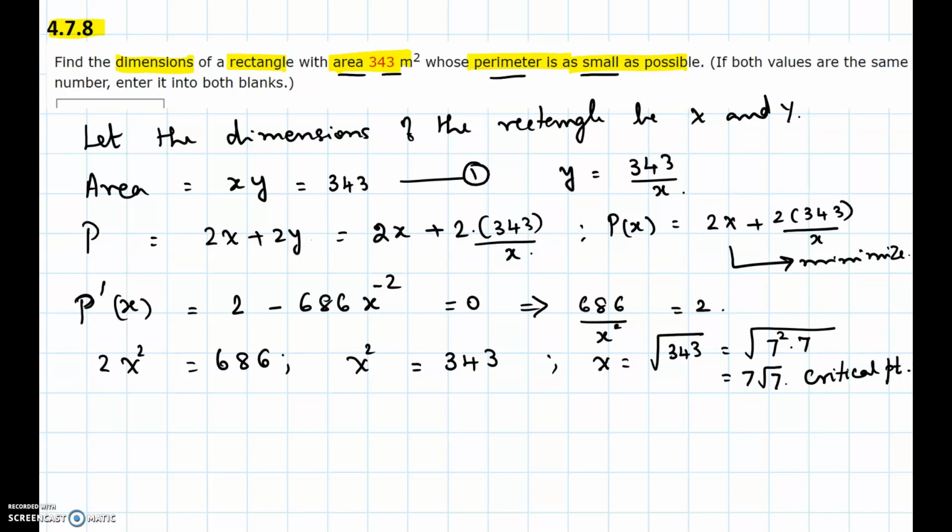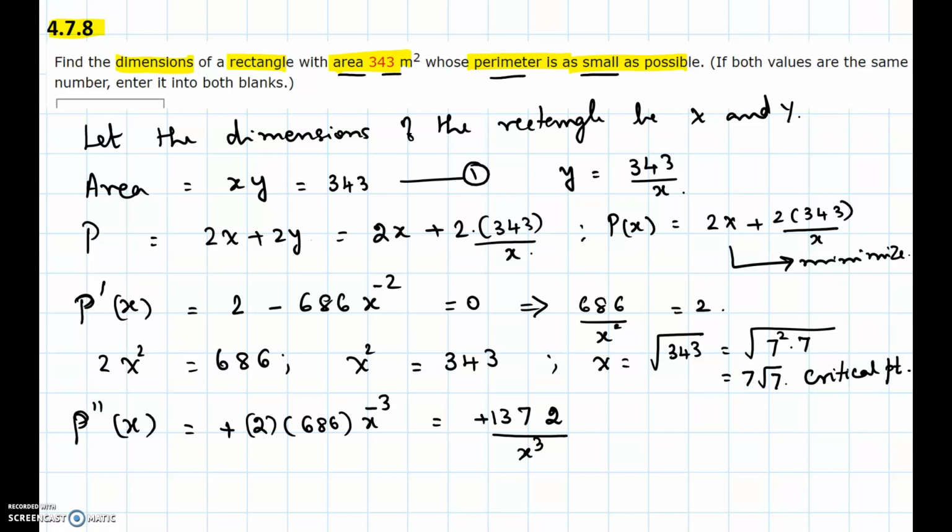Now, as the problem is asking us to minimize the perimeter, we can either use the first derivative test or the second derivative test, whichever is easier. In this case, the second derivative may be easy. So we will find out the second derivative.